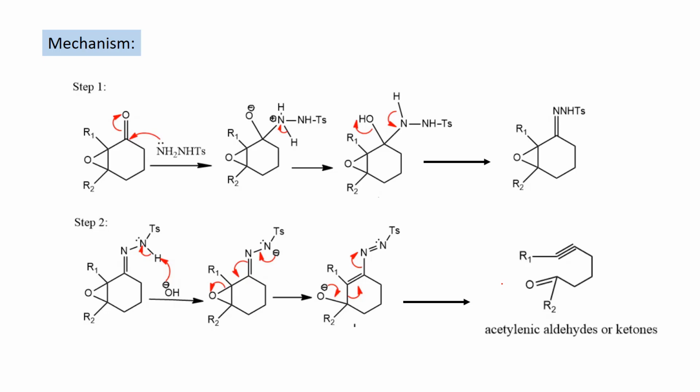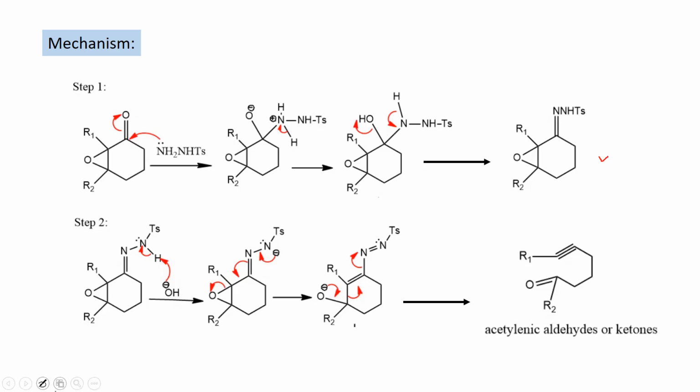So first is step 1. What is happening here? In step 1, first this hydrazine nitrogen will attack this carbonyl compound, and through a water elimination type of reaction, as in a normal dehydration reaction, it will form this hydrazone.